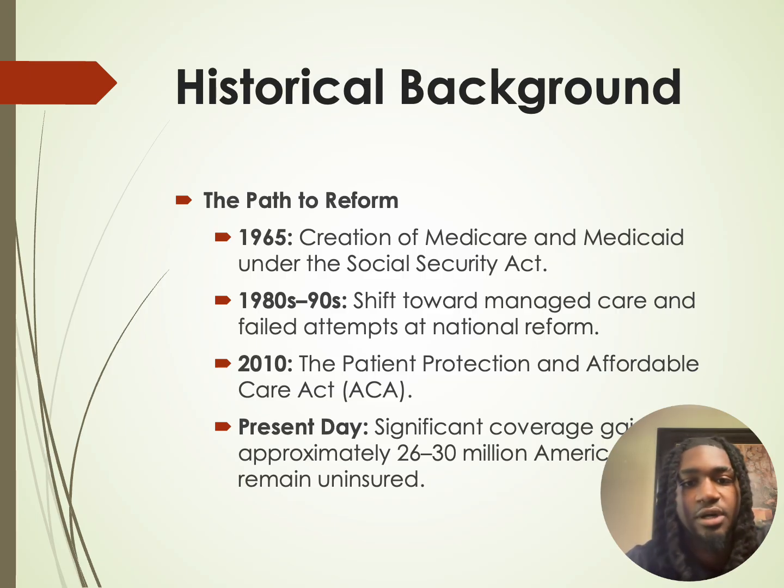Data from the Commonwealth Fund's 2024 report indicates that roughly 26 to 30 million Americans still lack coverage. This persistent gap highlights a fragmented system that, as Oberlander in 2018 argues, necessitates a public option to bring the remaining distance toward true universal access.